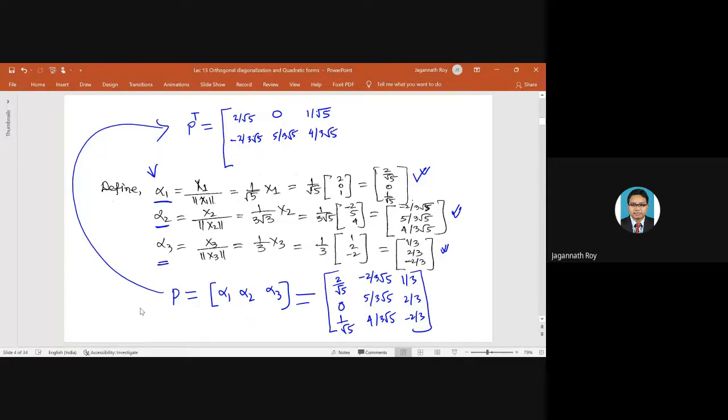Similarly, we have 1 by 3, 2 by 3, minus 2 by 3.